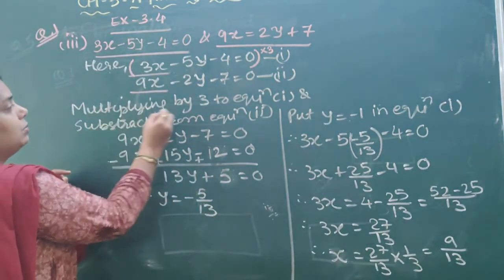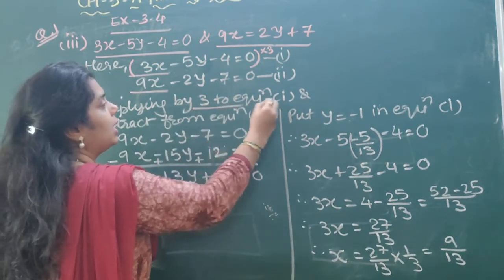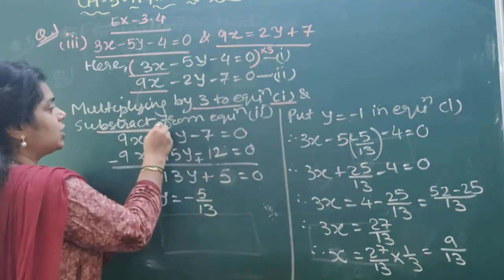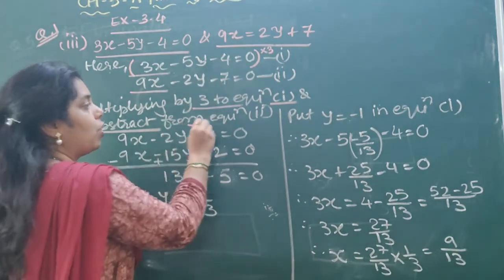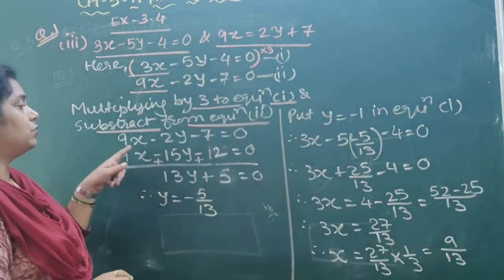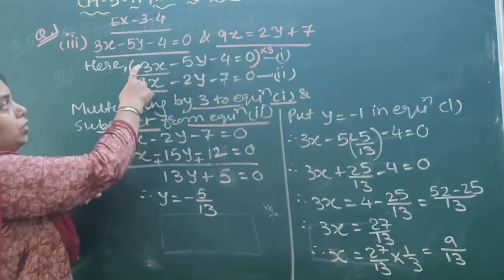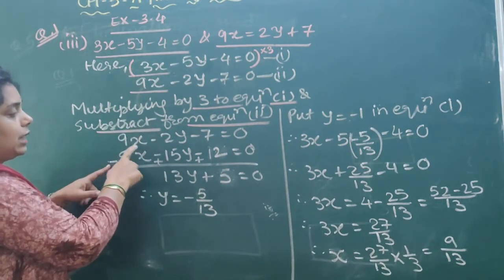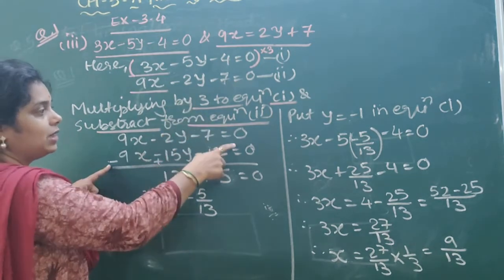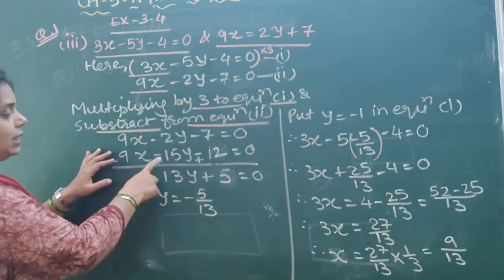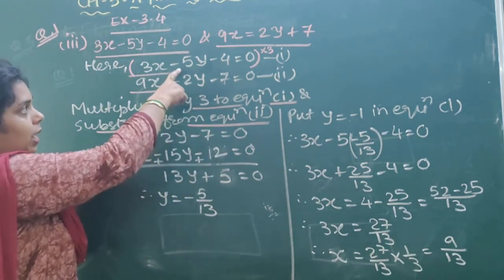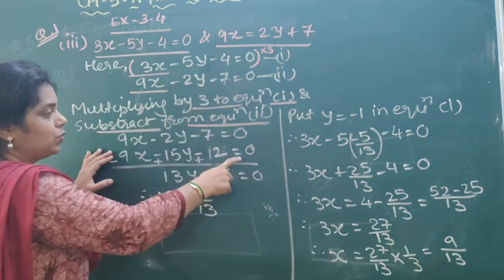So as I multiply equation 1 by 3, I then subtract that equation from 2. First of all, I have to write the second equation and then subtract the new equation from the second one. So 9x minus 2y minus 7 as it is, and then 9x minus 15y minus 12 is equal to 0.